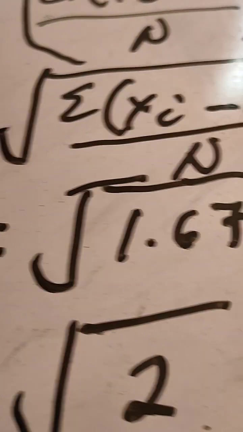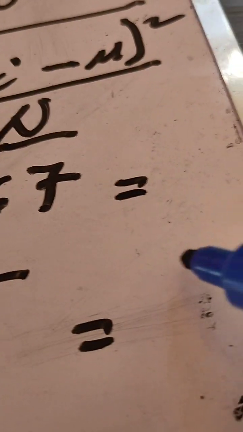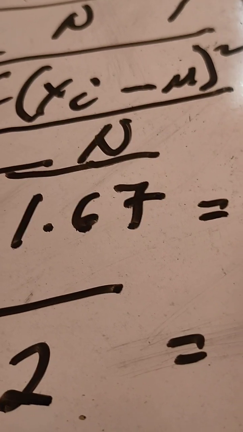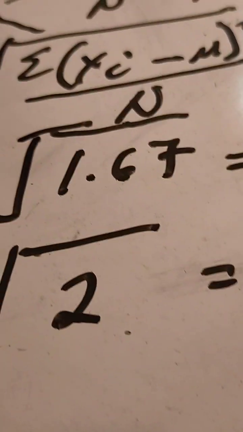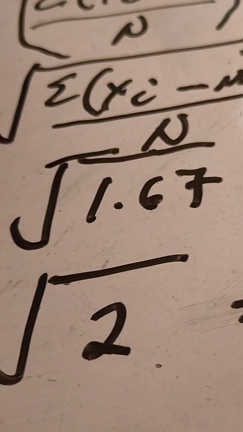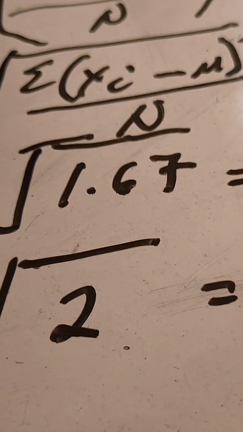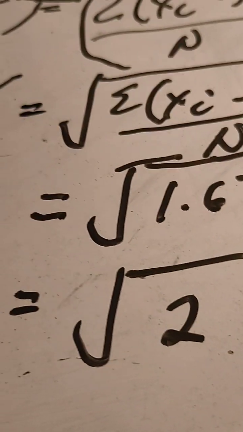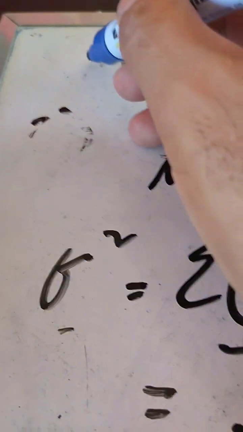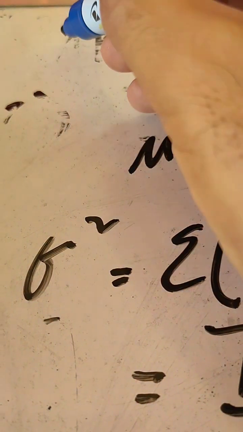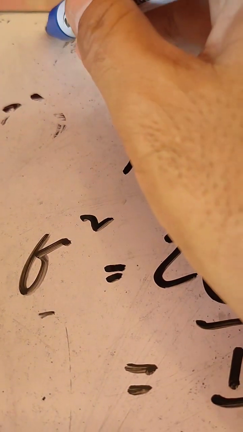By the way, if you get the square root of 1.67 and the square root of 2, and consider those values, then you will appreciate the homogeneity of the data, because the standard deviation speaks about homogeneity.